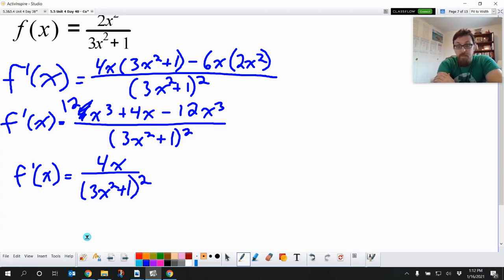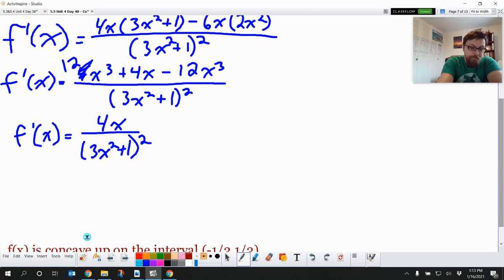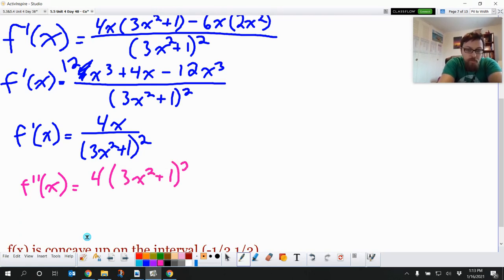Okay, so now I've got to find the second derivative, which is going to require another quotient rule. So I get f double prime of x equals derivative of the top, which is 4, times the bottom, (3x squared plus 1) squared, minus the derivative of the bottom.